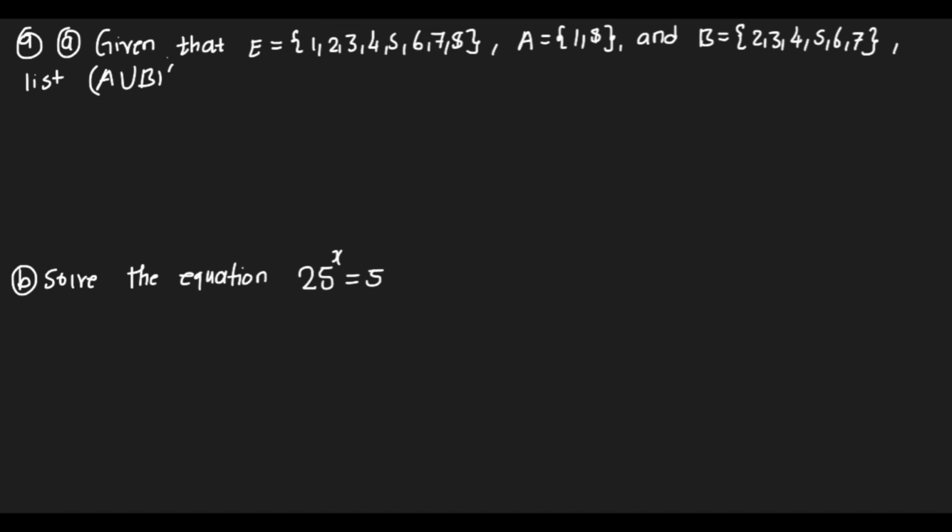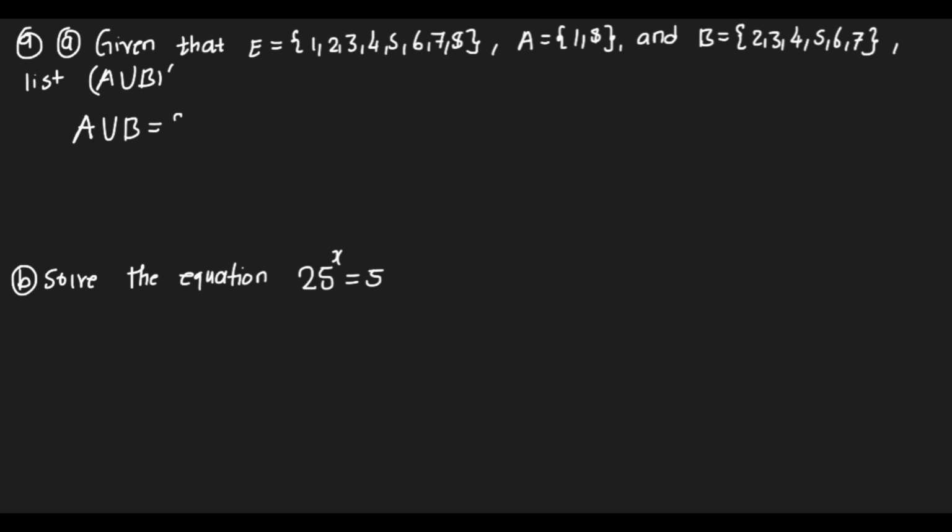So now we can move on to question 9. Question 9a, given that the universal set has elements 1 up to 8, then set A is 1 and 8, B is 2, 3, 4, 5, 6 and 7, list (A union B) complement. The idea behind complement is, first we will find the elements of A union B. Then you look at the complement later.